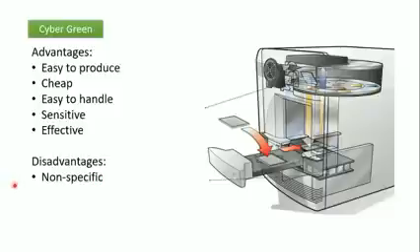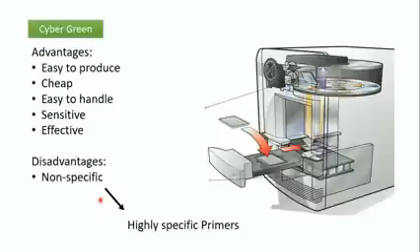So we can overcome this problem by using highly specific primers. Then we can ensure that the primers will bind specifically to the gene or to the sequence of interest.